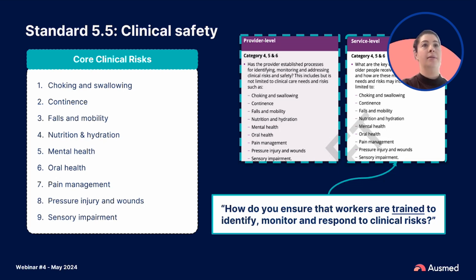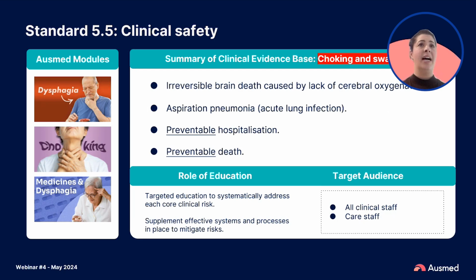So if we start with choking and swallowing, there is very, very good evidence for education that looks at preventing choking and swallowing. Why? Because a choking and swallowing incident can lead to irreversible brain damage because we've got a lack of cerebral oxygenation occurring.